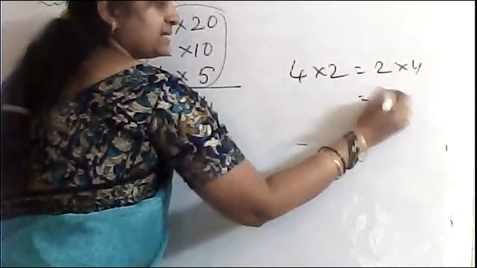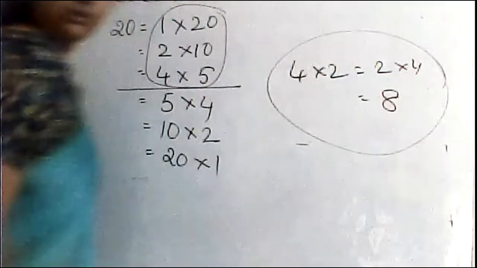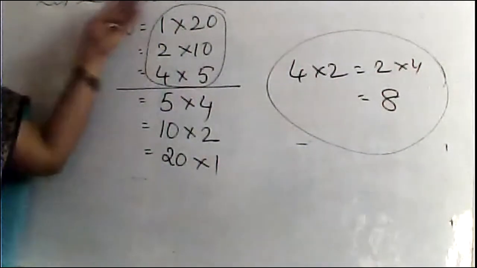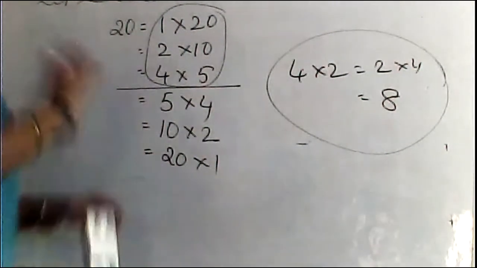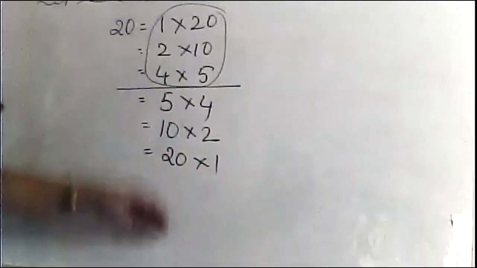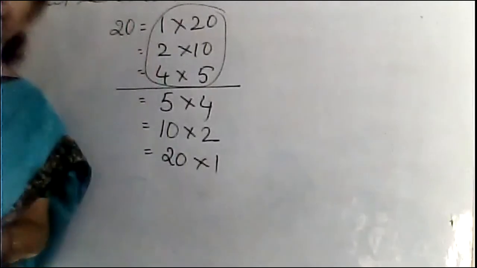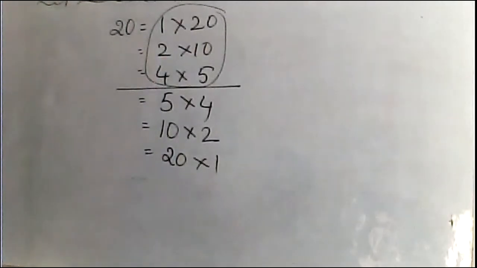We will get the same answer. So we can stop at a particular value. Now, these are the ways. How many ways? 6 ways. In 6 ways we can draw rectangles using 20 tamarind seeds.